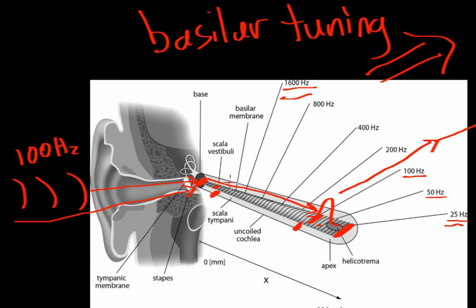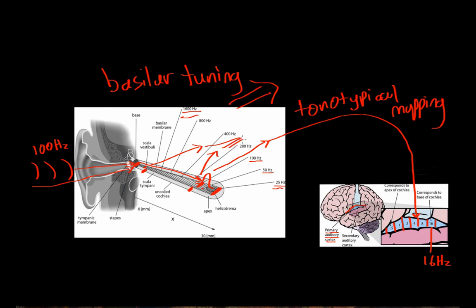And these hair cells will send axons, and these axons eventually all bundle together to form the auditory nerve. The auditory nerve carries axons from each hair cell inside the cochlea, and it eventually reaches the brain and will again separate its fibers and reach different parts of the brain.